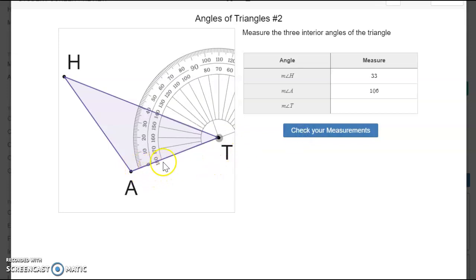Here we go. Okay, so now that they're lined up, I can measure.